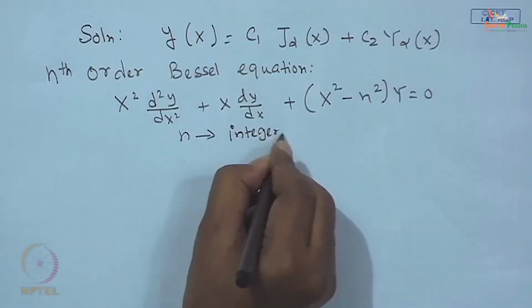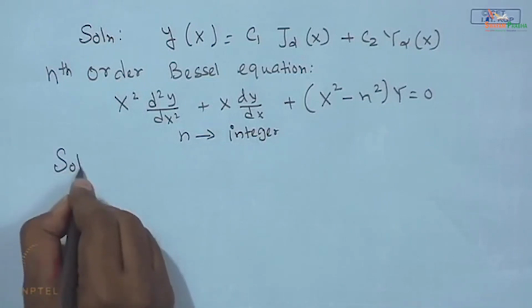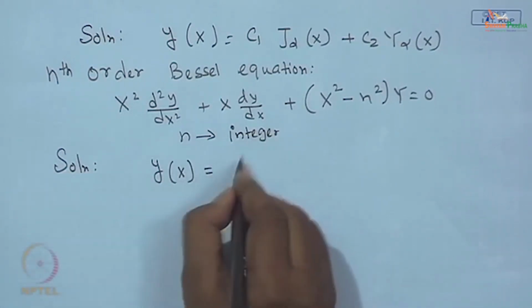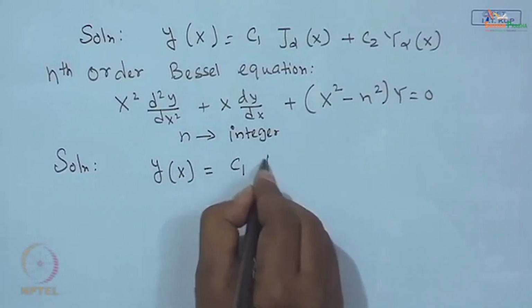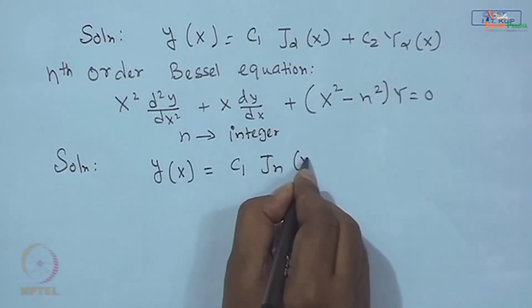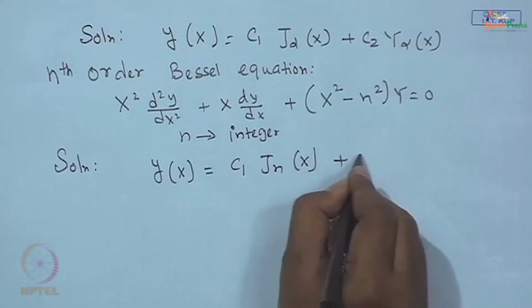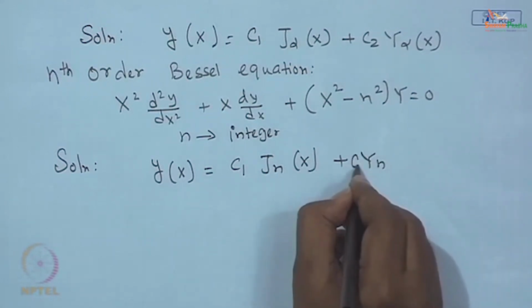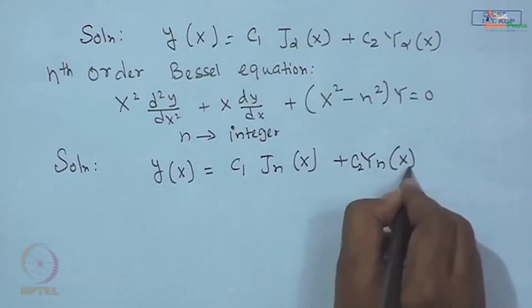Again, the solution is composed of J n and Y n. So, C 1 J n x plus C 2 Y n x.